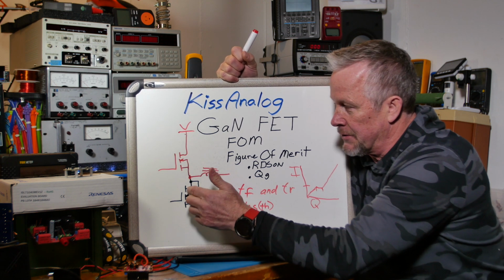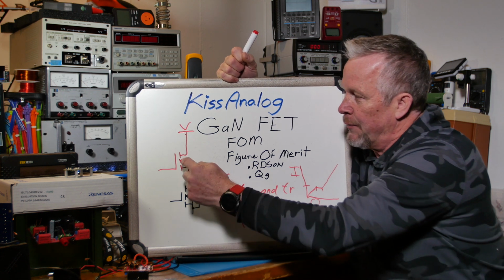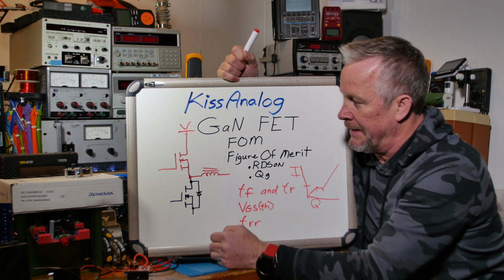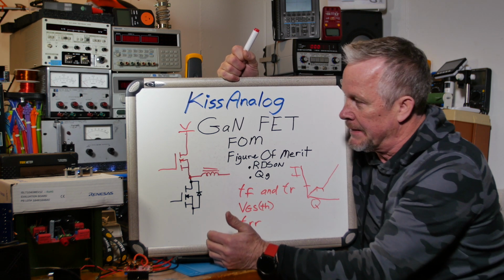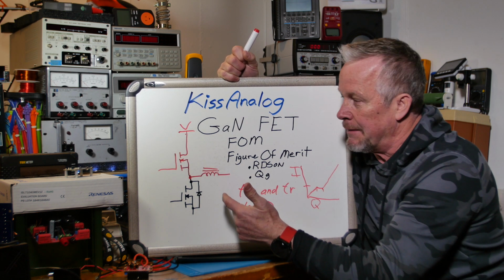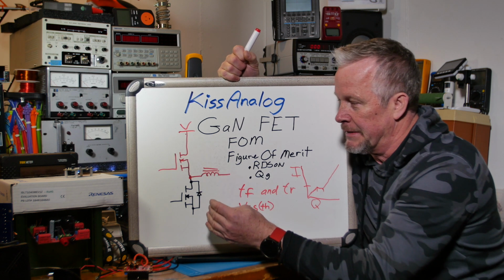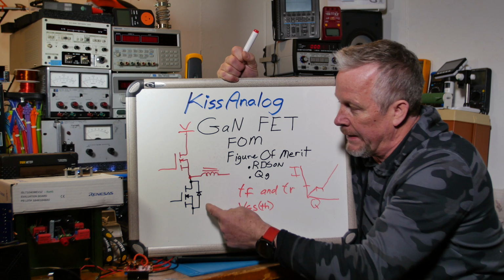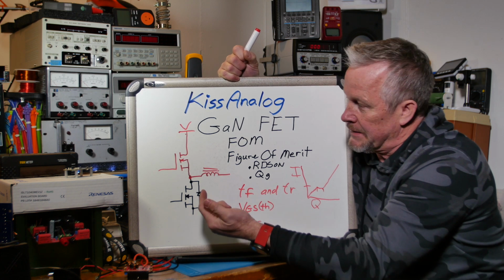Now, what we like to do is turn this FET on immediately. If we could turn this off instantaneously and turn this on instantaneously, that'd be the ideal thing. But we can't do that because of that fall time, rise time thing. So you have to have a little bit of delay in your control IC. In between, while we're waiting, we have this body diode that can start conducting current.